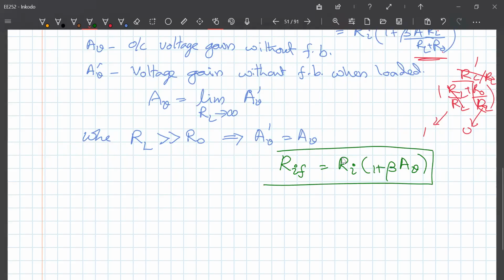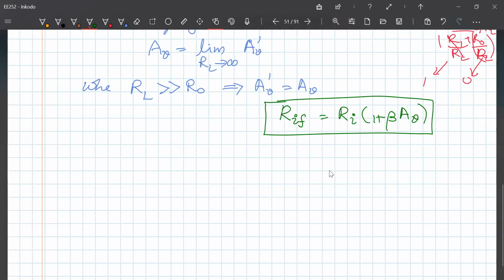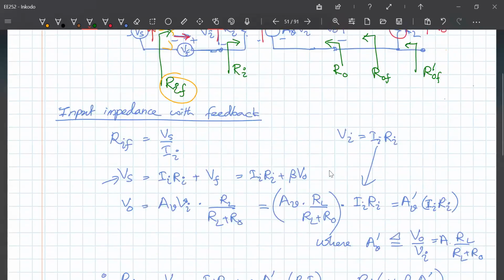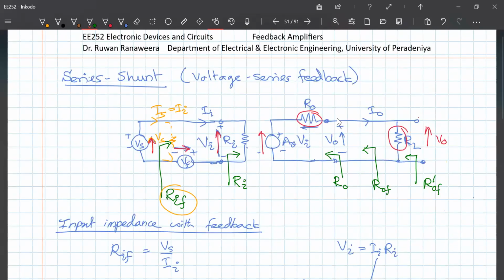This is basically what we have used earlier. So as long as we have voltage as the feedback, in other words, the input is a voltage, we can always use this expression because the input circuit will not change. Whether the output will change, this will always be the same as long as you have a voltage input.